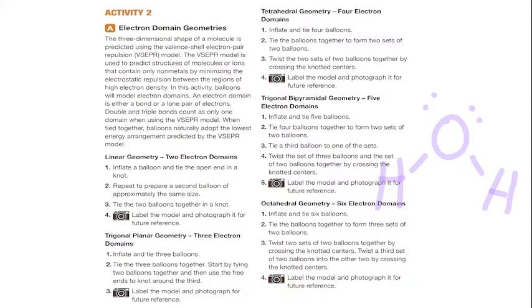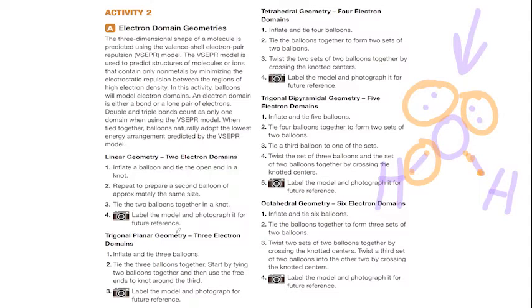So how many regions of electron density are around the central oxygen in water? 4, exactly. There's 1 region. There's another region. There's a third region, because remember, each bond is a pair of electrons.